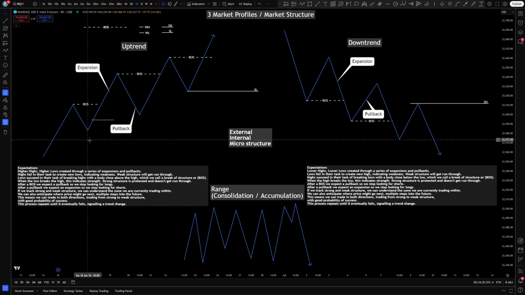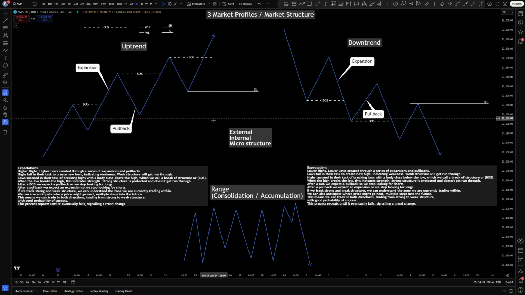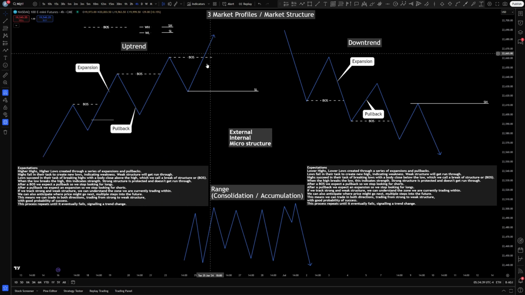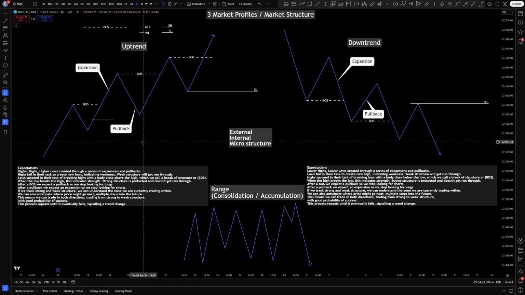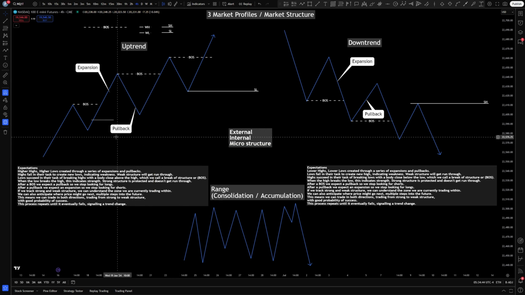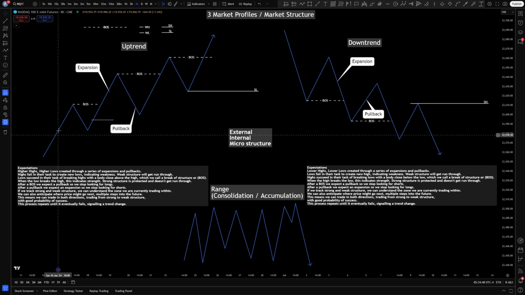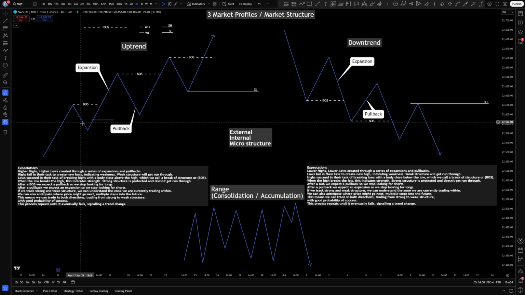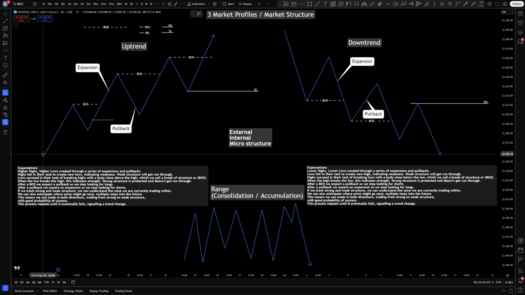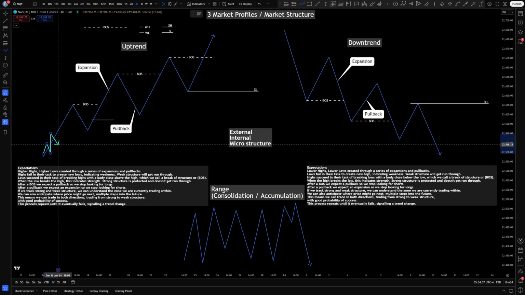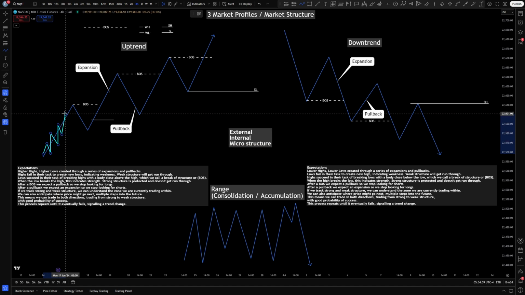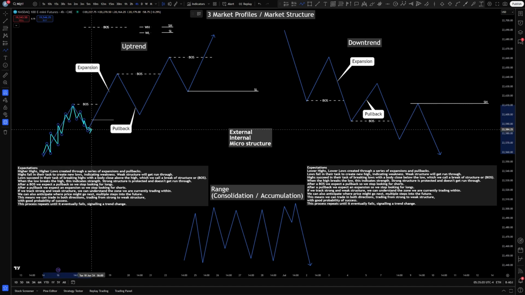We're going to get our external structure, our real trend, where we're actually heading in the longer term from the bigger time frames. In this case, let's say it's the 4-hour. So our external structure is these big swing points. But we have these smaller moves within the big moves, and that's what we call our internal structure.